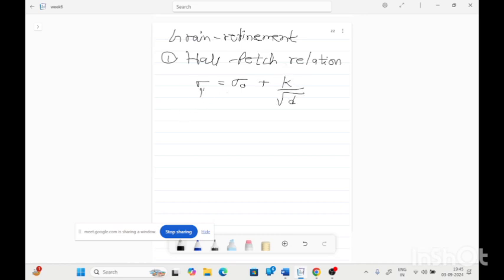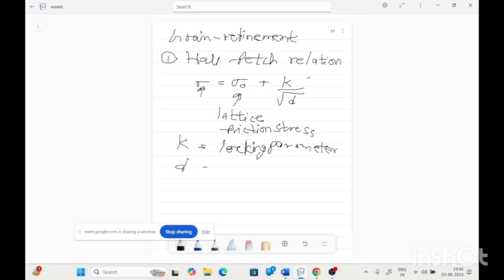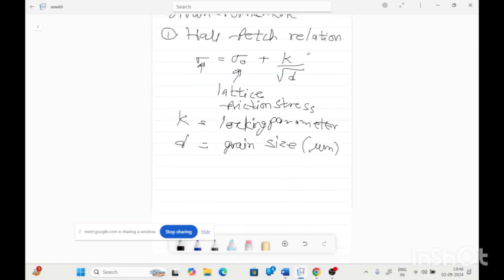Here sigma is the yield strength of the material, sigma naught is the lattice friction stress, k is the locking parameter, and d is the grain size in microns. So we can see the yield strength of the material is inversely proportional to the square root of the grain diameter.